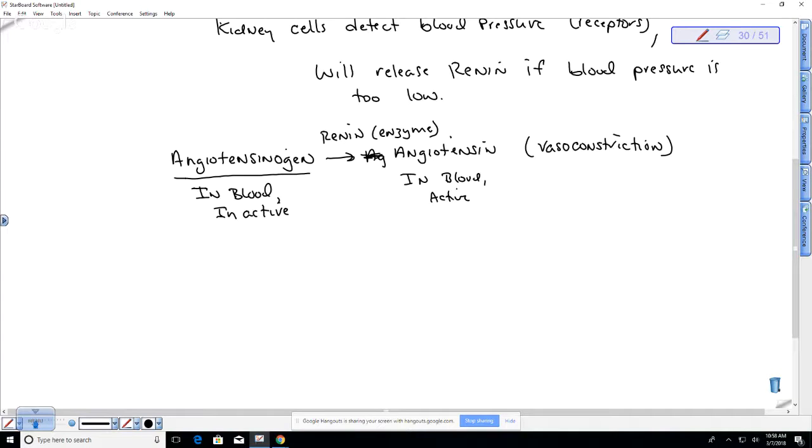Okay. So this is like one, will release renin. The second thing it does is it stimulates the adrenal glands to release aldosterone.